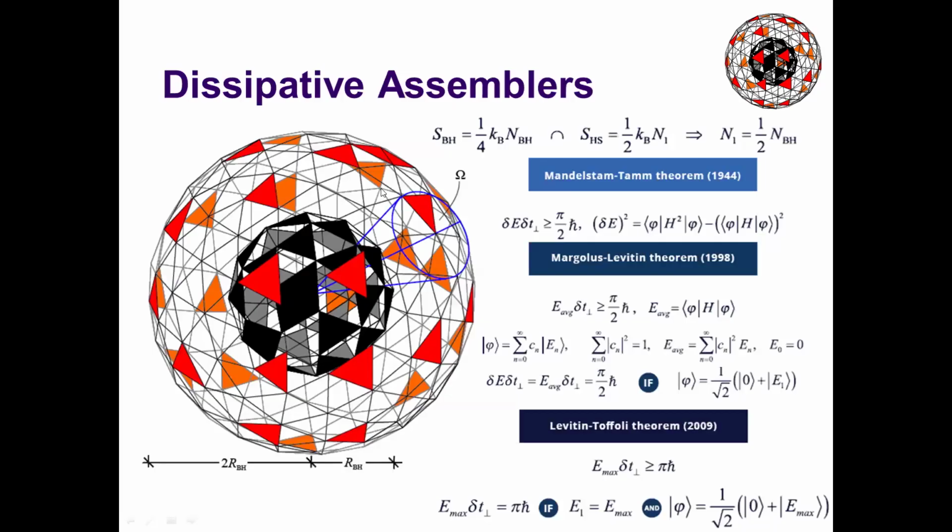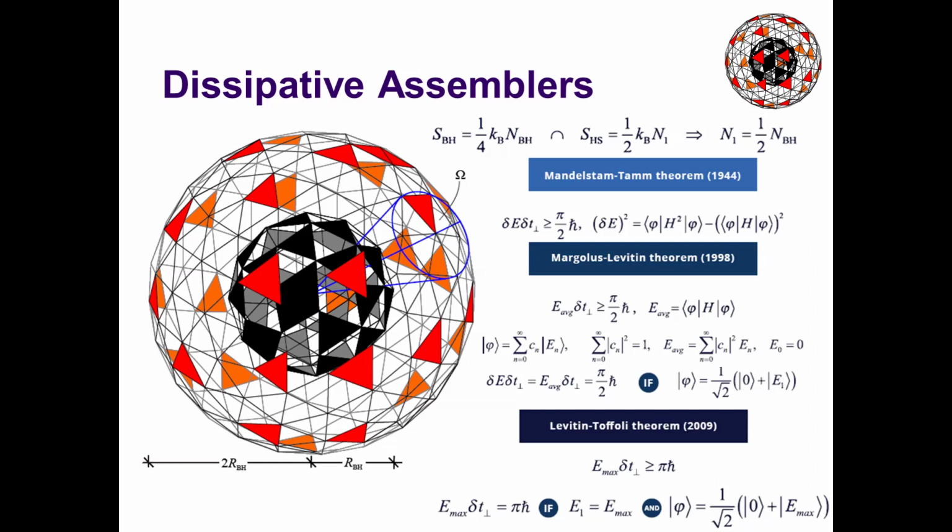So this is the idea that is the result of the known theorems of the orthogonalization interval. The first one was developed in 1944, and it says that the quantum system having the energy standard deviation delta E requires time delta T to get from one state to another orthogonal state. And the lowest such period is known as the orthogonalization interval.